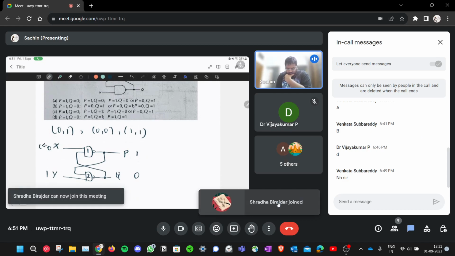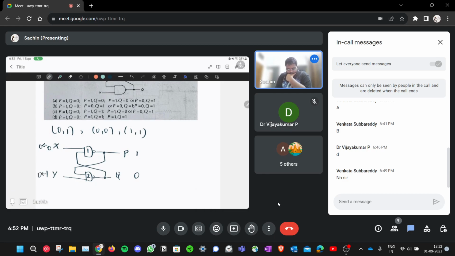Now this is changed to 0 and this is changed to 0. So what will happen? Output Q is 0. Here let me write the expression. This is Qx complement. This is Py complement.